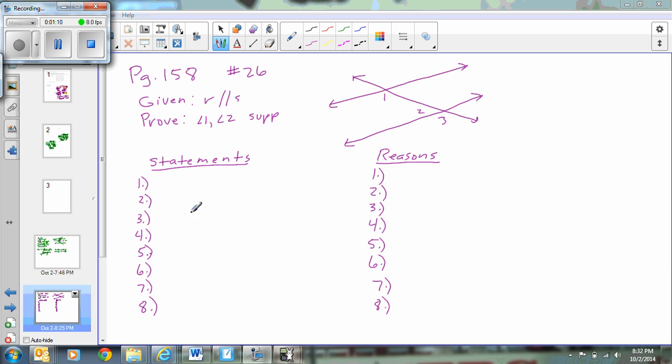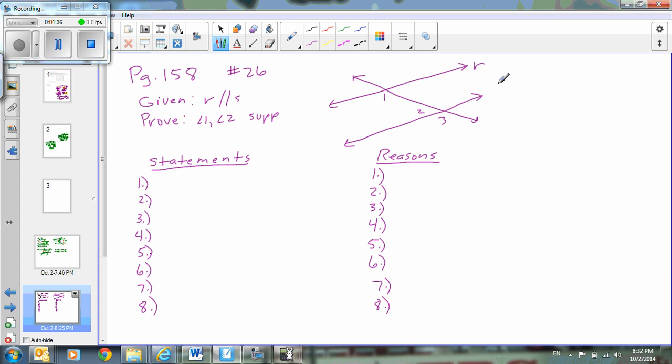I'm going to get you started on some of them and give you a few hints so that you can finish it on your own. Okay, so let's see what we're going to do here. The same side interior angle theorem says when two parallel lines are cut by a transversal, same side interior angles are supplementary. So our given statement in terms of this diagram, oops, I forgot to label the lines.